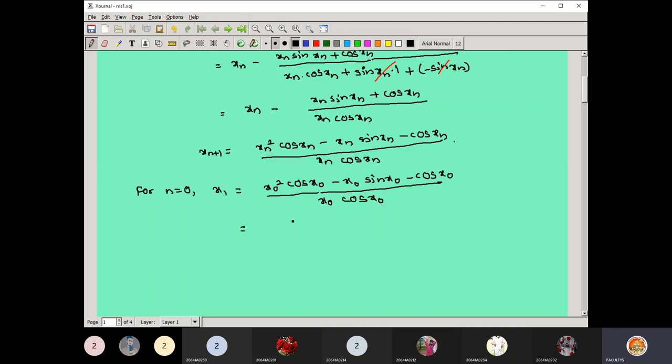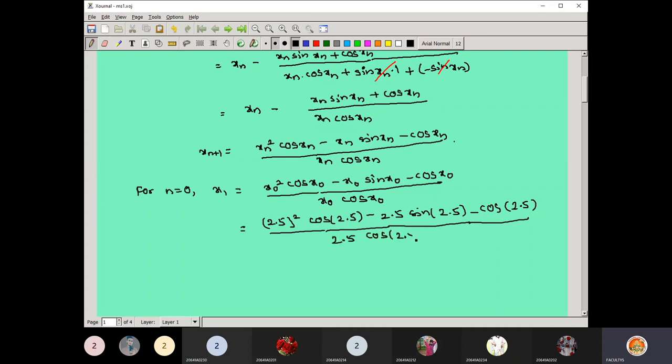We have already calculated x naught, which is nothing but 2.5. So it is 2.5 square cos of 2.5 minus 2.5 sin of 2.5 minus cos of 2.5, divided by 2.5 into cos of 2.5.